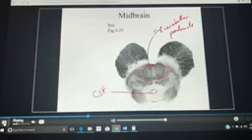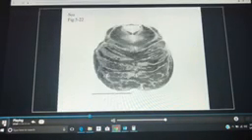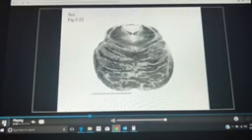Let's move on, folks. Now we're moving on to the pons. It's wedged between the midbrain and the medulla, so I'm going to outline here. Here's a gross depiction, inferior view of the pons right here. And here's a cross-section of that. So again, this is anterior, this is posterior, this is the central canal that has CSF.